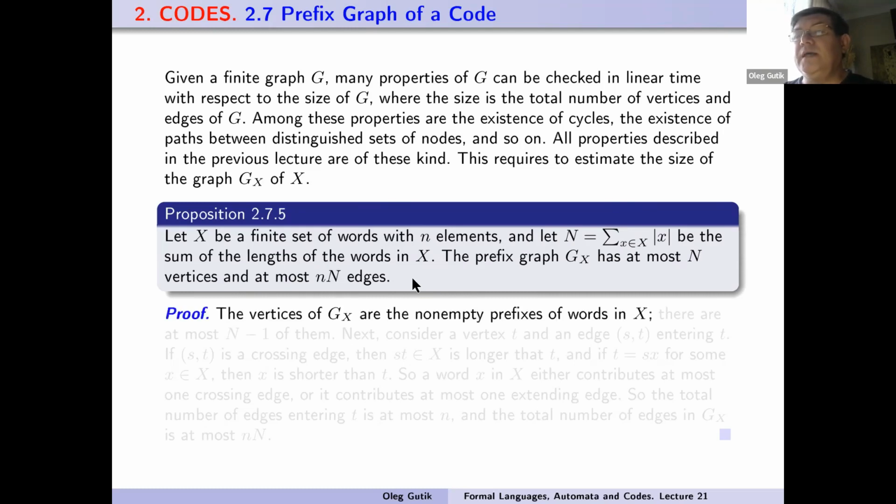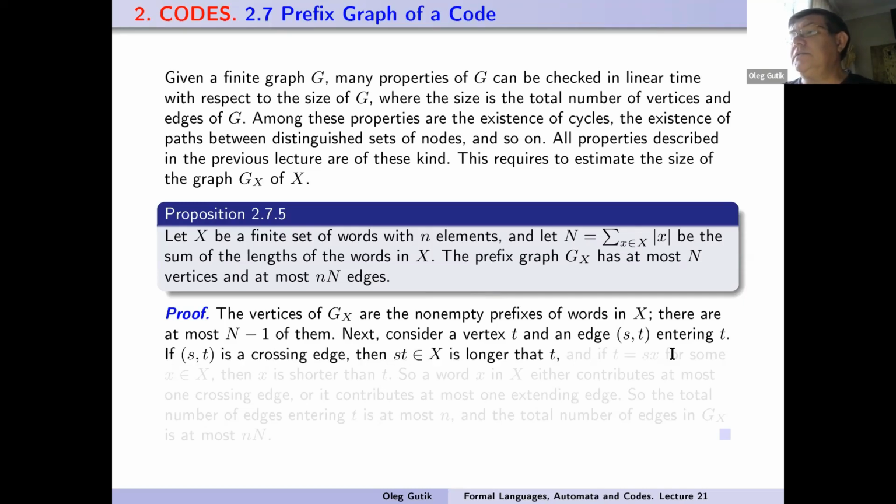Let's prove it. The vertices of the graph G(X) are the non-empty prefixes of the words in X. There are at most N minus 1 of them. Next, consider a vertex t and an edge s to t entering t. If the edge s to t is a crossing edge, then s belongs to X and s is longer than t.